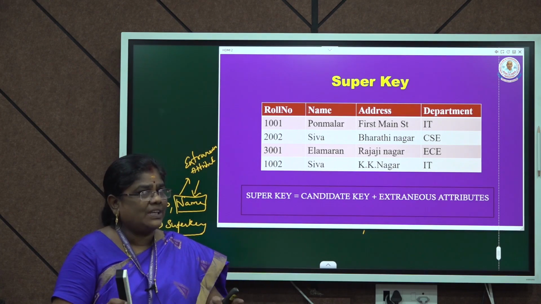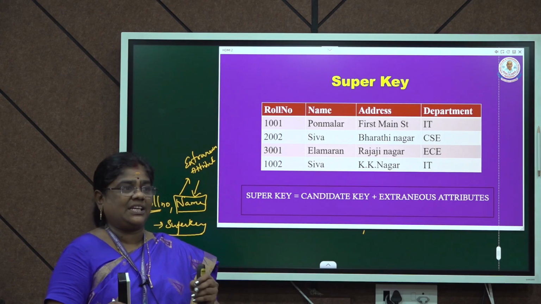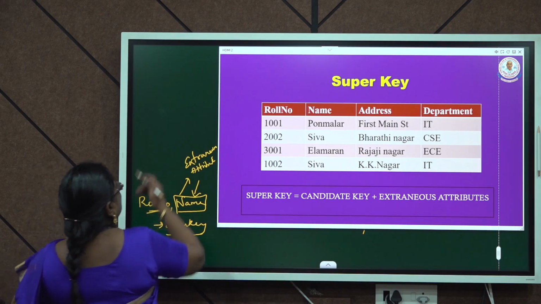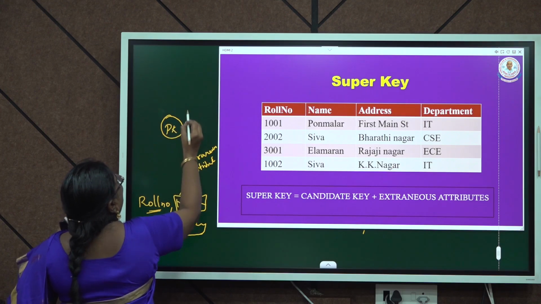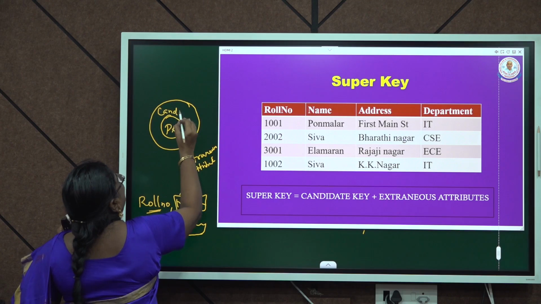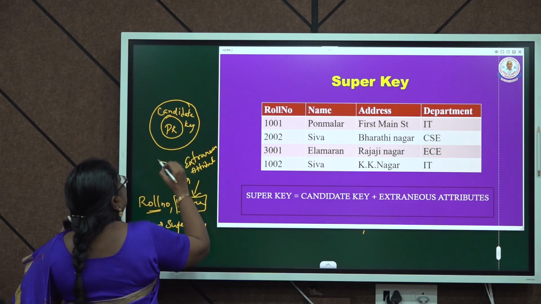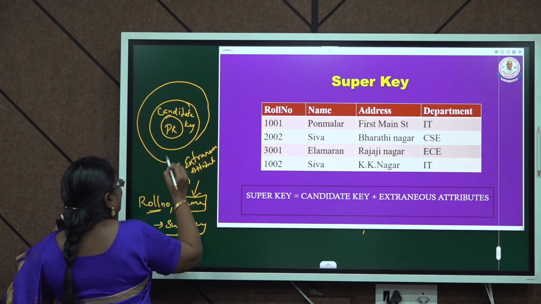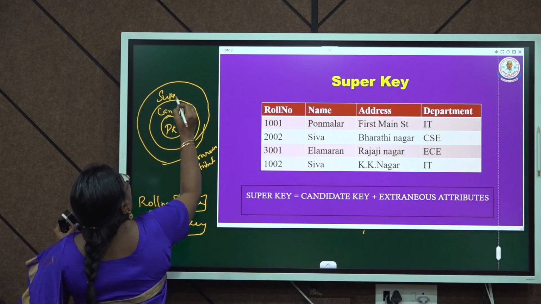So when we are removing the extraneous attribute, it is actually the candidate key. So when you draw it in the set representation, this is the primary key, out of which this one will be the candidate key, and then the full set is actually a super key.